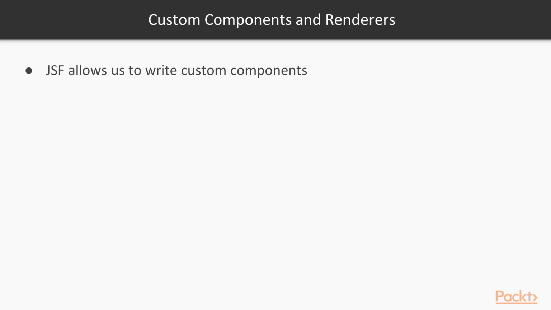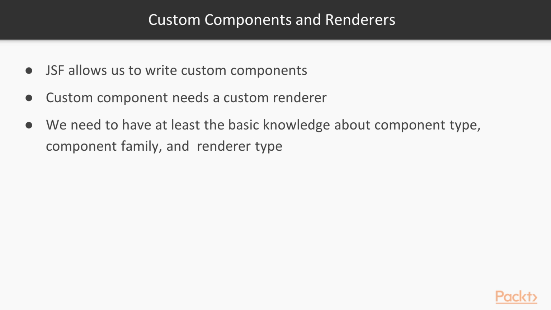Besides the built-in components, Java Server Faces allows us to write our custom components. And when we do this, we usually need to write a custom renderer as well. But in order to accomplish this correctly, we need to have at least basic knowledge about the component type, component family, and renderer type.